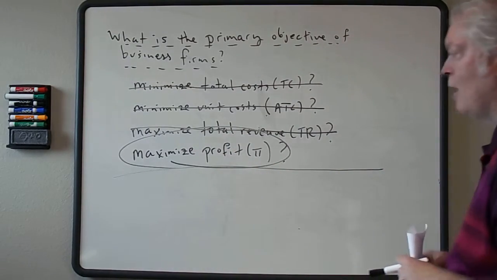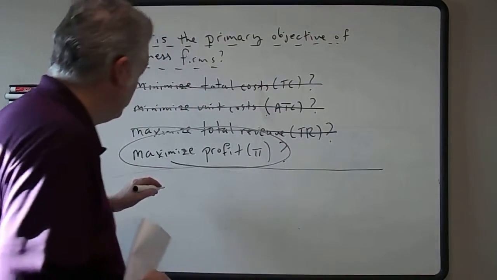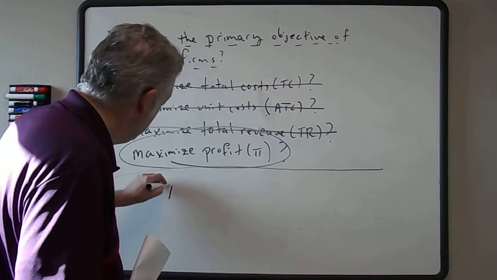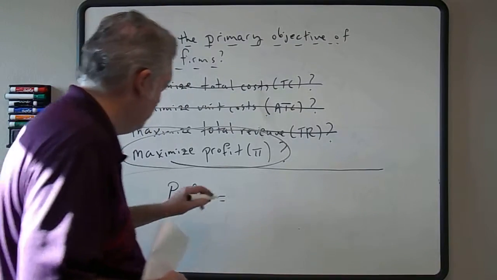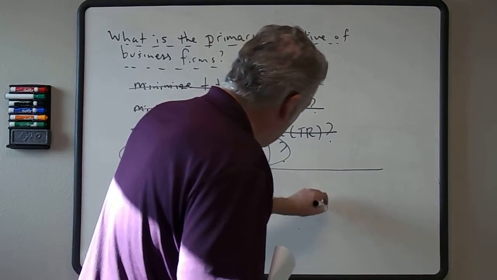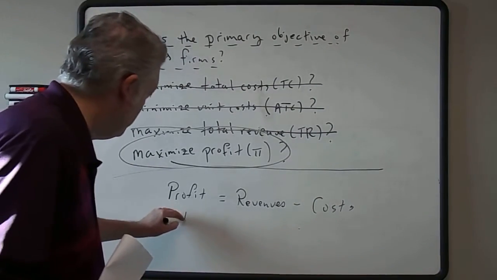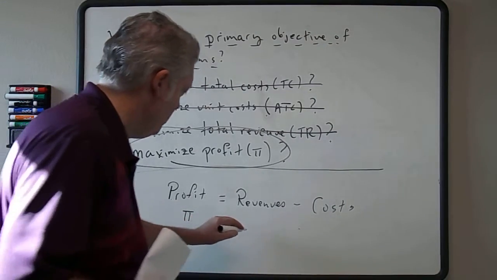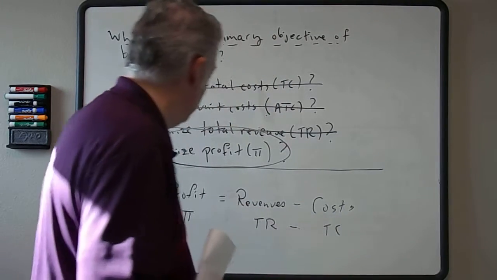When it comes to profit, what is profit and what is the formula that we should be looking at? It's a very simple formula that in general is very logical and easy to understand: revenues minus costs equals profit. In other words, profit, the pi symbol, is equal to total revenues minus total costs, TC.